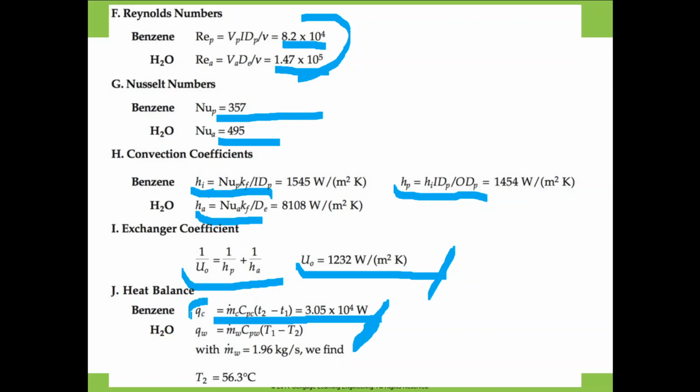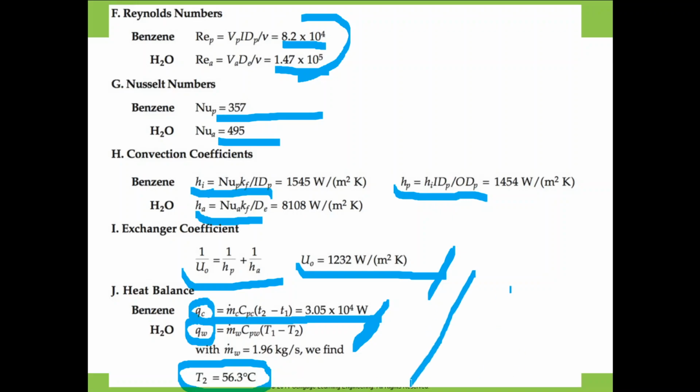The rate of heat transfer for the cold fluid is equal to the rate of heat transfer for the warm fluid. For the cold fluid we can calculate it, which comes out to be 3.05 × 10^4 watt, and when you set this equal to Q_W, we can find the outlet temperature for the water, which comes out to be 56.3 degrees Celsius.